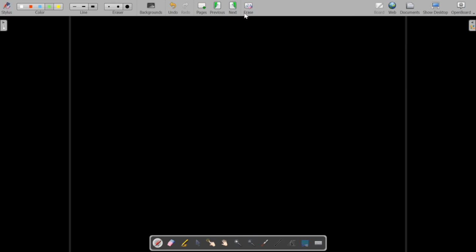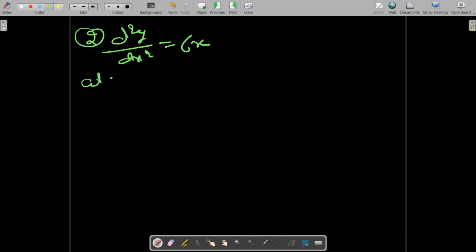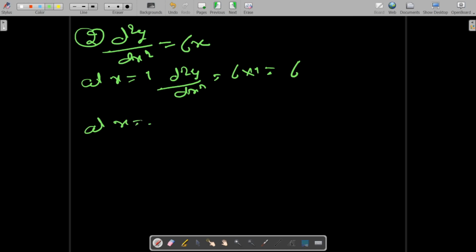So we have to go for the second step, d2y, the second derivative, which is nothing but 6x. At point x equal to 1, d2y by dx square is 6 cross 1, which is 6, and at point x equal to minus 1, d2y by dx square equal to 6 cross minus 1 equal to minus 6.